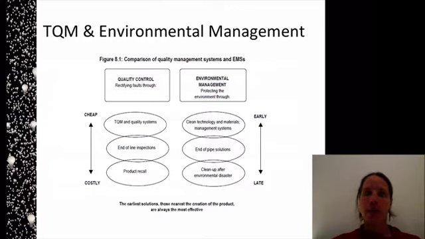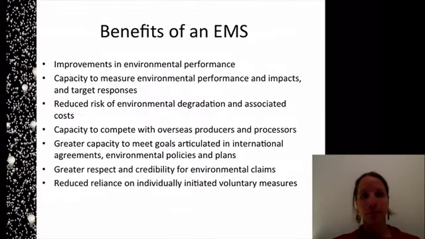So looking at environmental management, we might see the adoption of clean technology and materials, eco-efficiency, which we'll talk about later in the course, and these sorts of management systems that are starting to address issues before they occur. And this really links well to the TQM and quality systems approach. So you can see the hierarchy that we get both in environmental management and TQM.